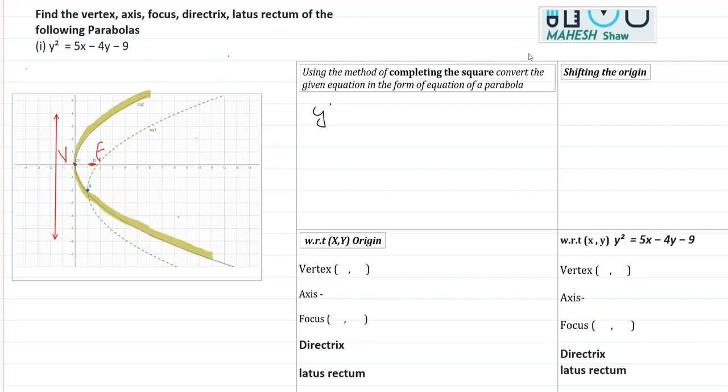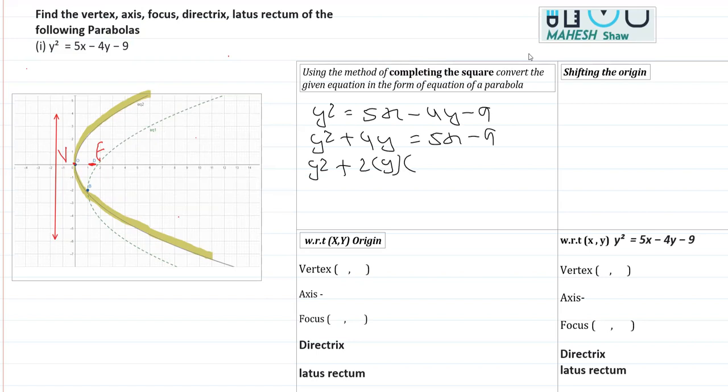This equation is y square is equal to 5x minus 4y minus 9. So I can rearrange them so as to apply completing the square. Must be familiar. This is y square. I can split this 4y as 2 times y times 2 to make it 2ab plus b square. b has to be 2.